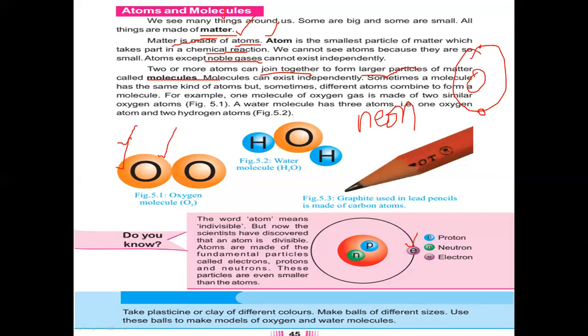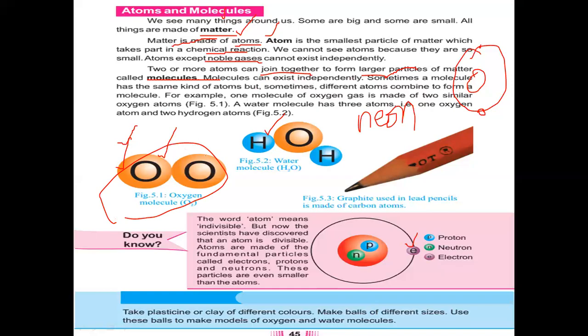They can be the same or, like you see here, they can be different. When they combine together, they form a molecule. So molecules can exist independently. Sometimes a molecule has the same kind of atoms, but sometimes different.